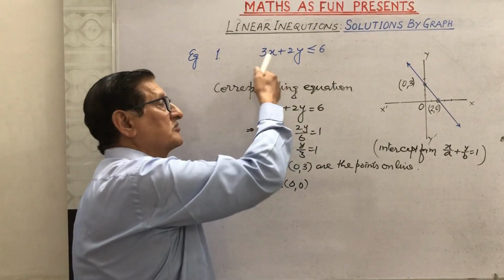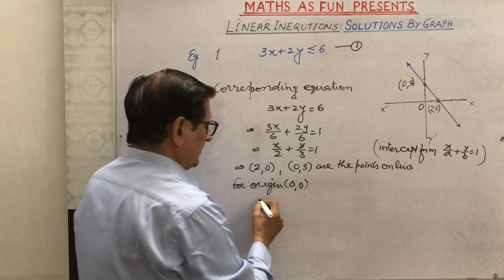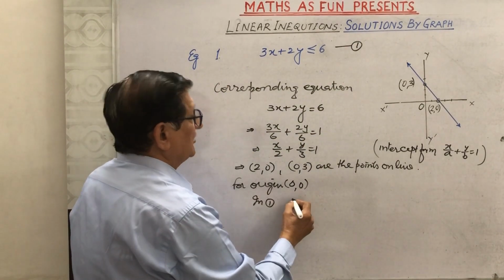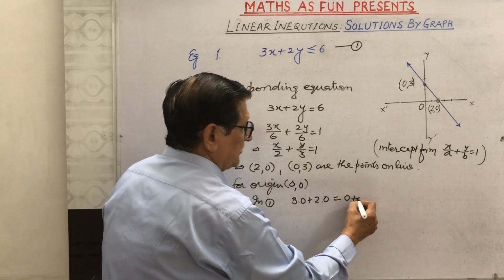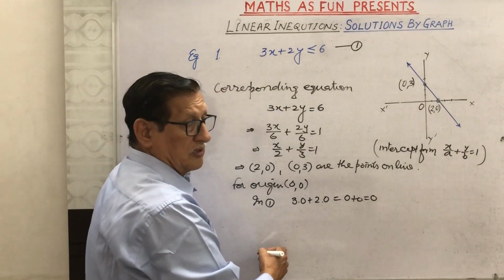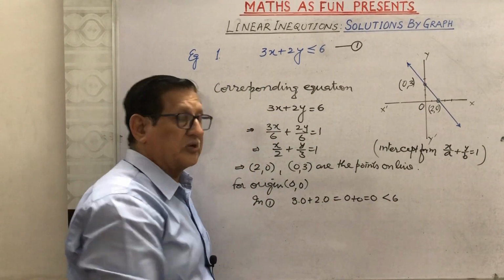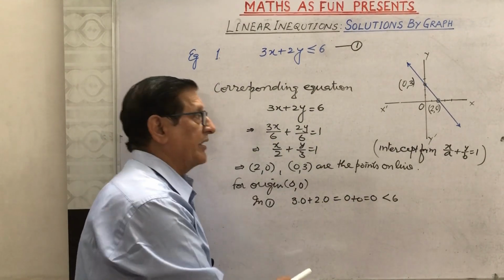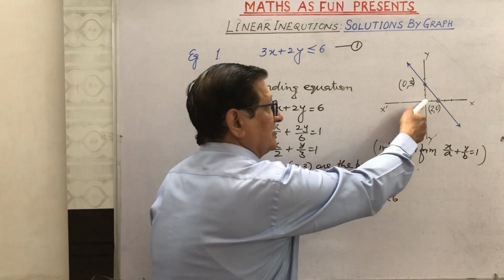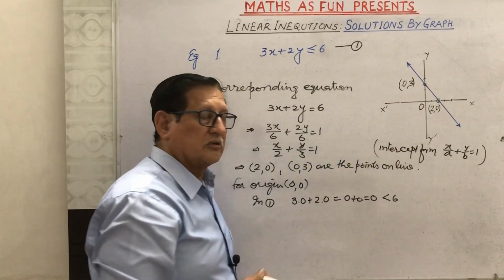Substituting, 3 into 0 plus 2 into 0 is 0 plus 0 equal to 0. And yes, it is less than 6. It means it is satisfying this inequality, and hence the space in which the origin lies is the solution space for this region.